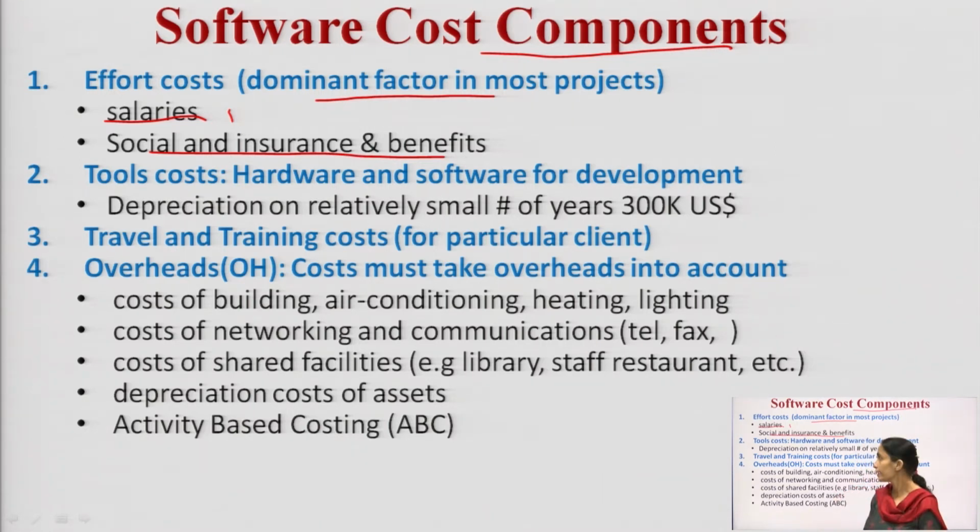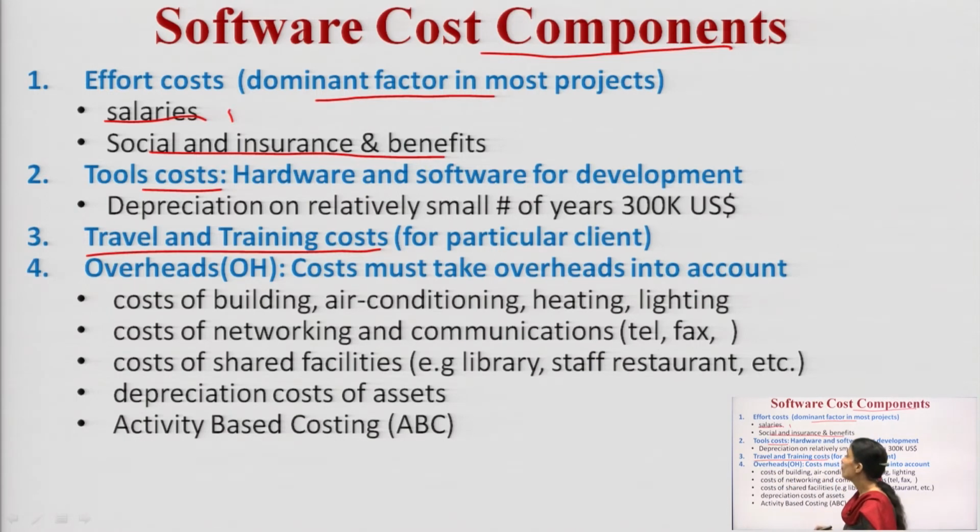The second component is tools cost. Tools cost means the hardware and software that is required for the development. Depreciation on it is relatively small in the coming years. Then travel and training cost.